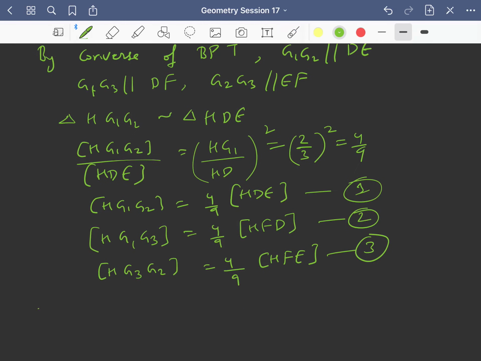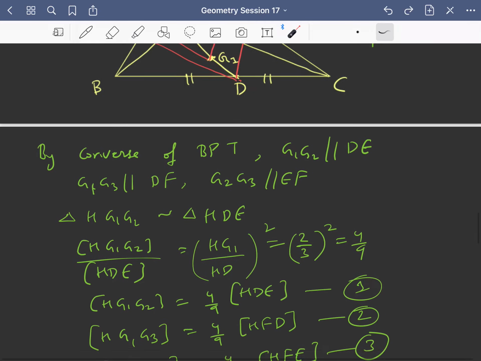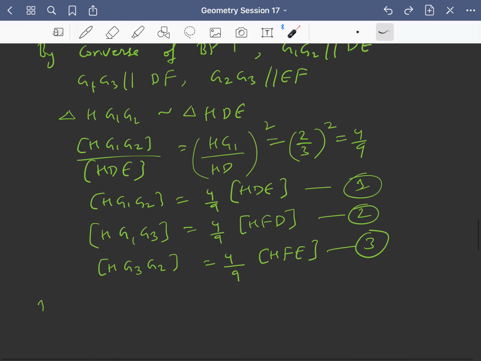If you add the areas of HG1G2 and HG1G3, and from this subtract HG3G2, you'll get the area of G1G2G3. So I need to add equation 1 plus equation 2 and subtract equation 3.